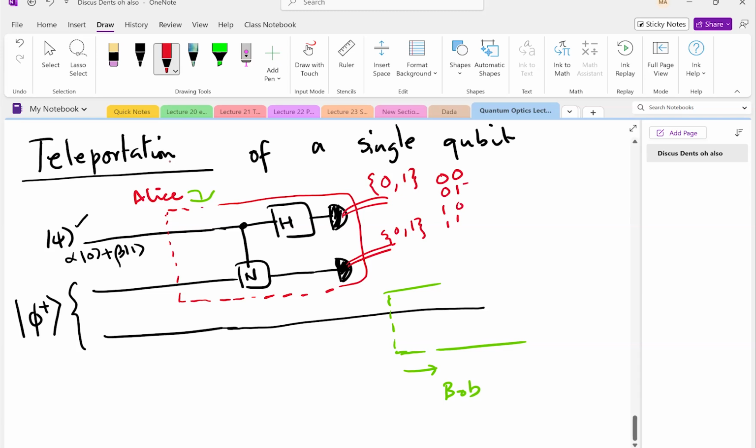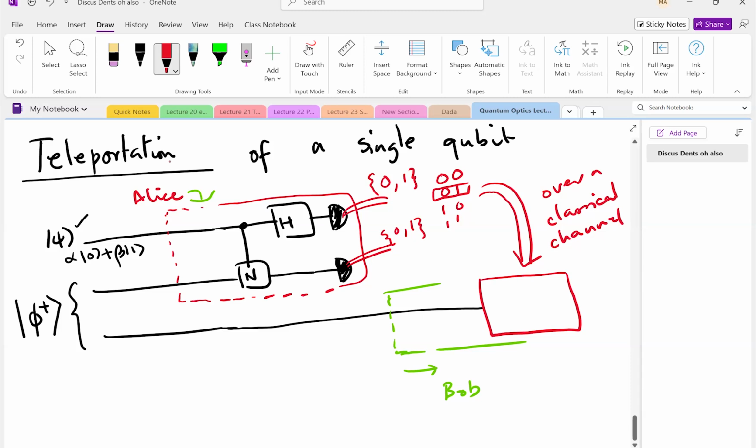Whatever outcome she gets, she then transmits to Bob over a classical channel. Phone call, fax machine, telephone, email. And what Bob does, Bob reads the two bits that Alice has transmitted, and based upon the outcome he receives, he applies one of four gates.